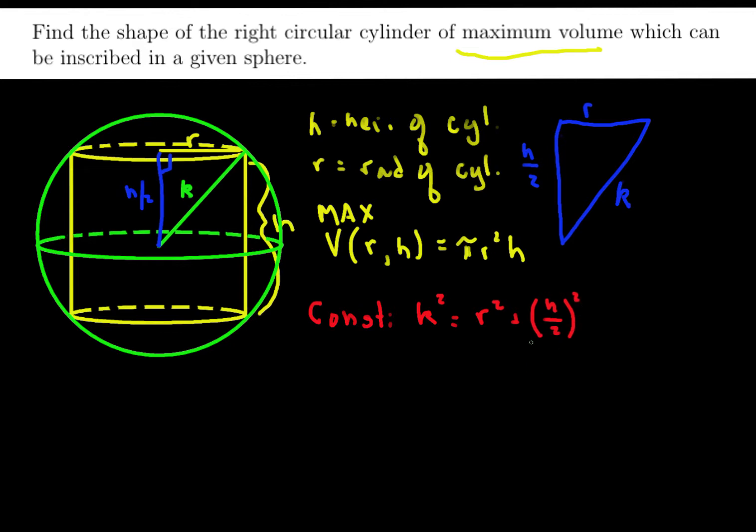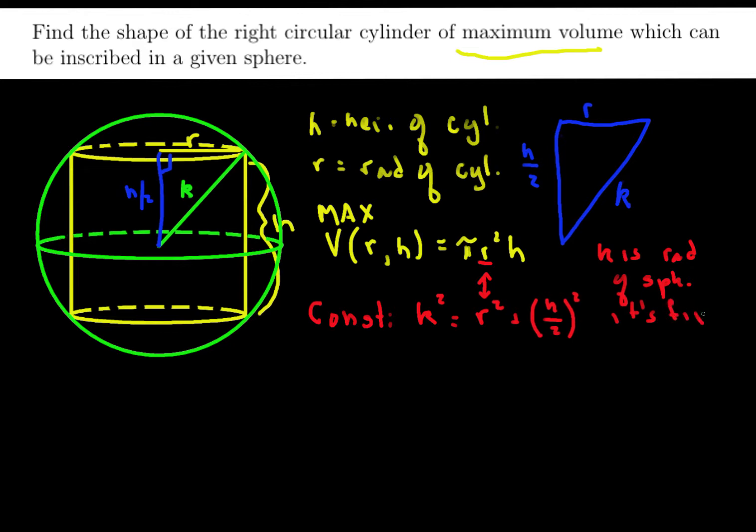Since I recognize there's an r squared here and an r squared there, I'll go ahead and solve for r. Now there's a lot of variables. You may say, oh, I've just got a third variable. But remember, this is a fixed sphere. So k is the radius of the sphere, and it's fixed.